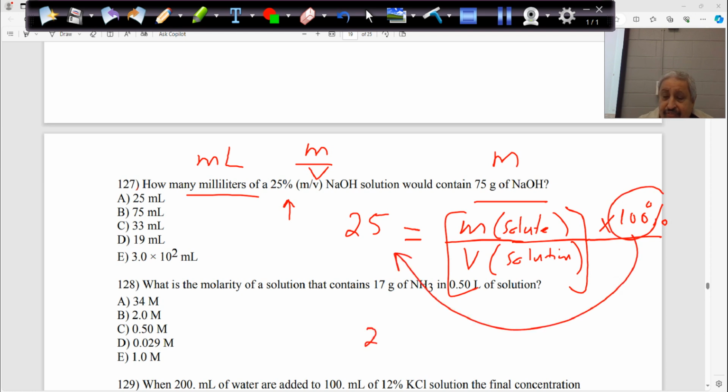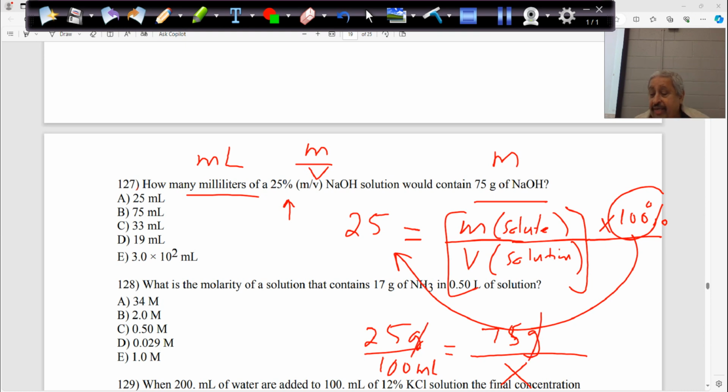So take this one down. I have 25 over 100. The mass of the solute is 75 grams. The volume of the solution I don't know. This is my X, correct? And actually 25 means grams per 100 mL solution, so gram with gram cancels out.